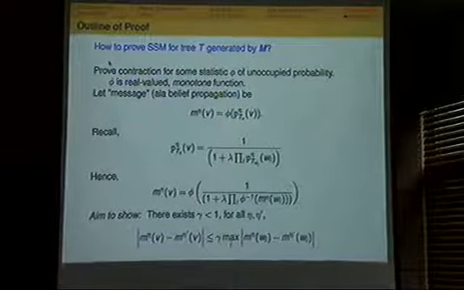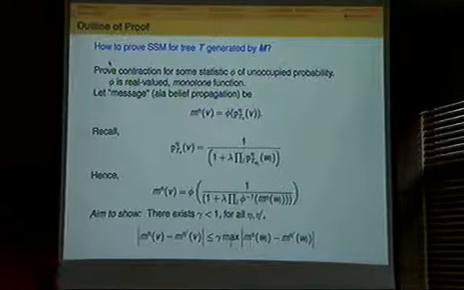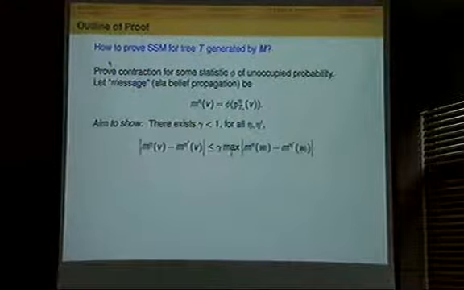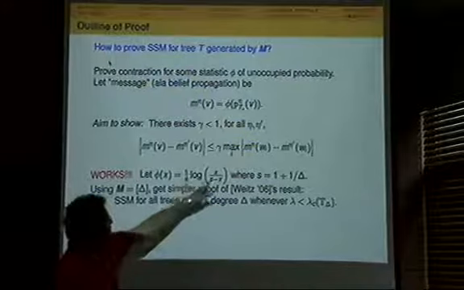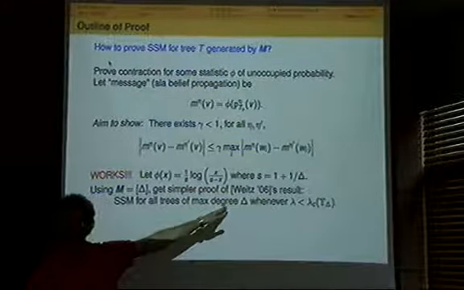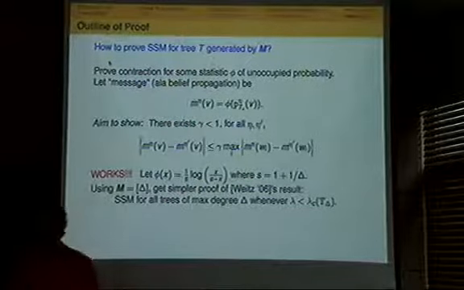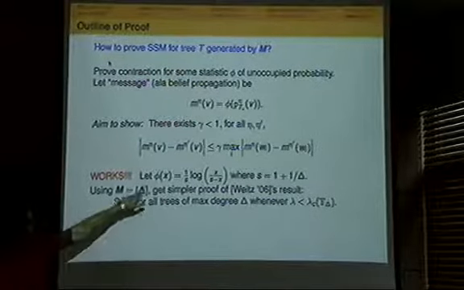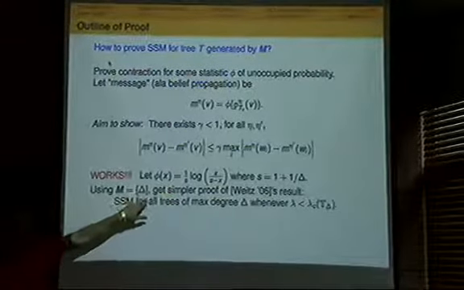So I can choose a potential function and show it contracts with respect to that potential function, and I'm still all set. So what's the potential function? It turns out there is some potential function that, if you choose it, for trees of max degree delta, you can reprove Dror-Weitz's result that you get this decay of correlations when lambda is less than this. This gives us an idea about some potential function to use, and this is for all trees of max degree delta.